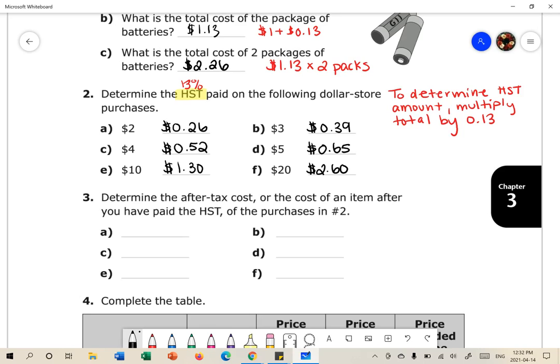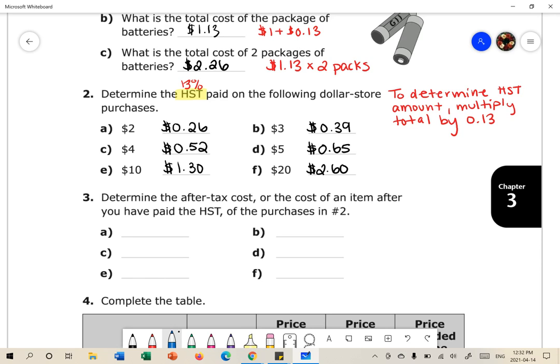Determine the after-tax cost, or the cost of an item after you've paid the HST, on the purchases in question 2. So what we're going to do is we're going to take our HST amounts that we calculated in question 2. We're going to add it to the before tax cost.